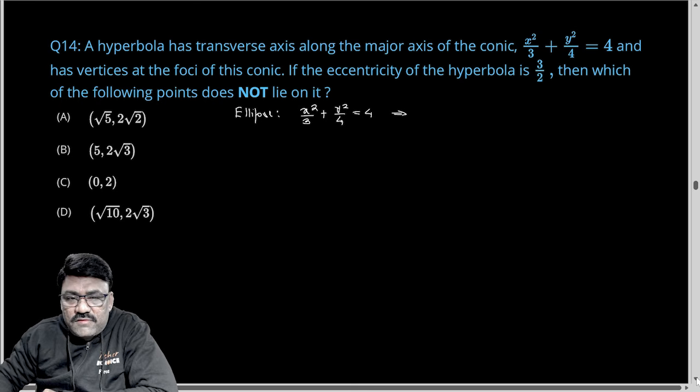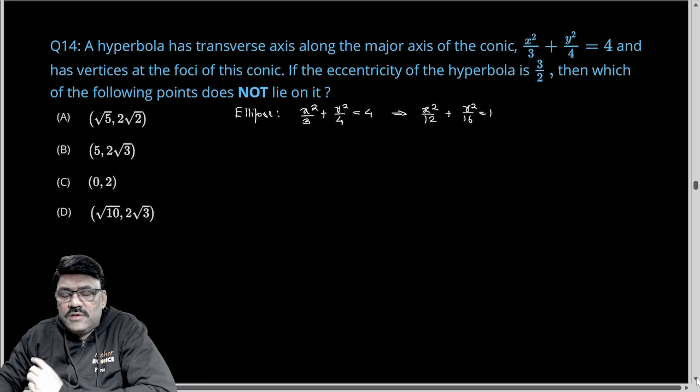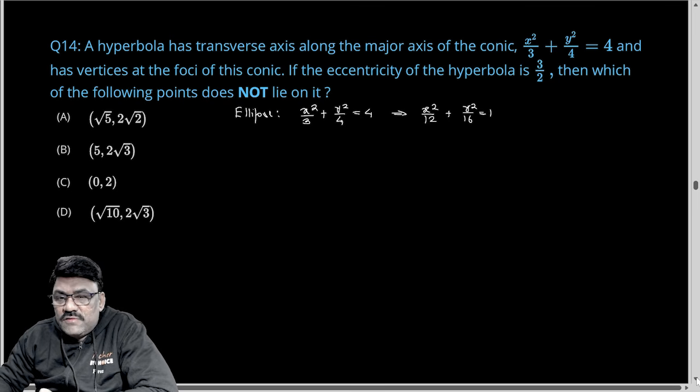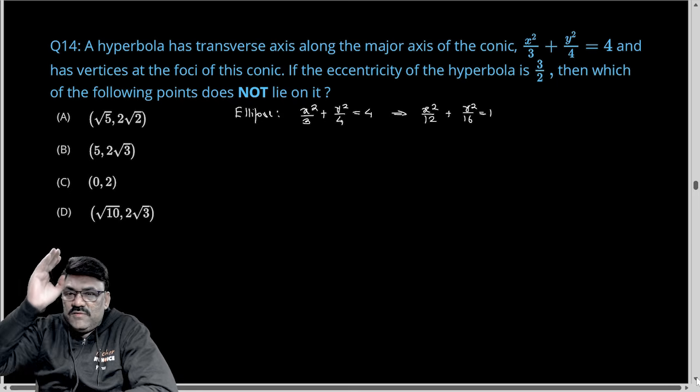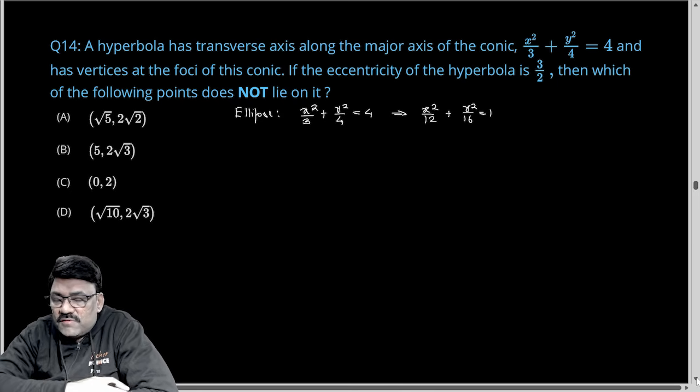So basically it is x square by 12 plus y square by 16 is equal to 1. You can clearly see that this is a vertical ellipse, x square over a square plus y square over b square is equal to 1, where a is less than b. It is a vertical ellipse, means major axis is the y axis, minor axis is the x axis.